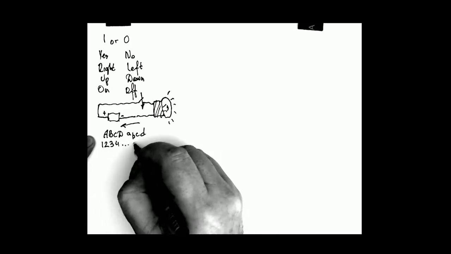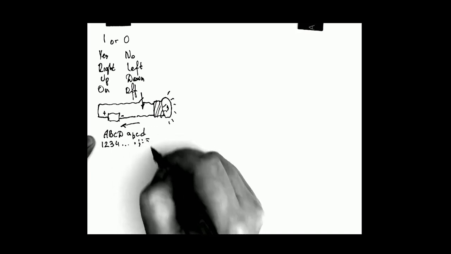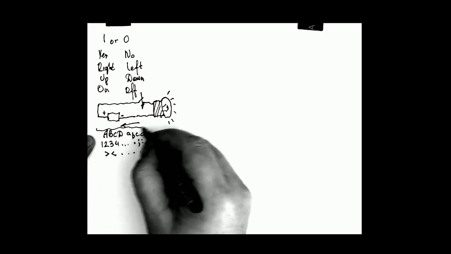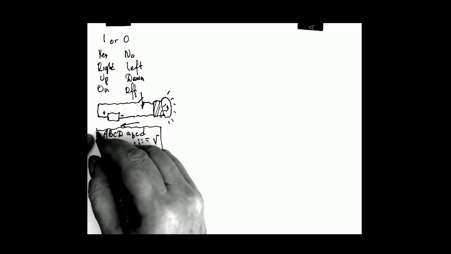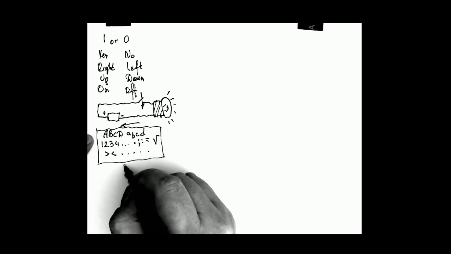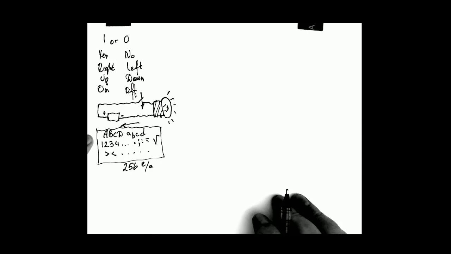And punctuation is dot, semicolon, colon, equal sign, root sign, and so on. Mathematical symbols and everything else. So folks, I'll tell you that this is set of symbols which is 256 symbols.